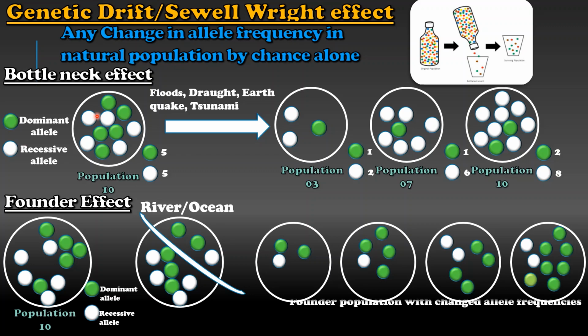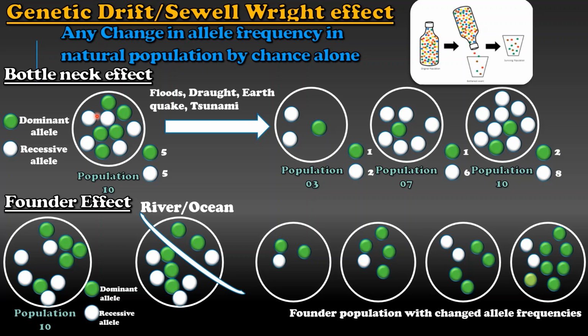So we started with 5 green and 5 white alleles, and we ended with 8 green and 2 white alleles. So this is a change in allele frequencies by chance alone, and this genetic drift occurs in small populations. So students, I hope you are clear with the concept of genetic drift.